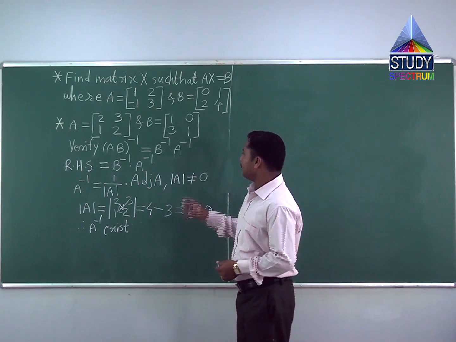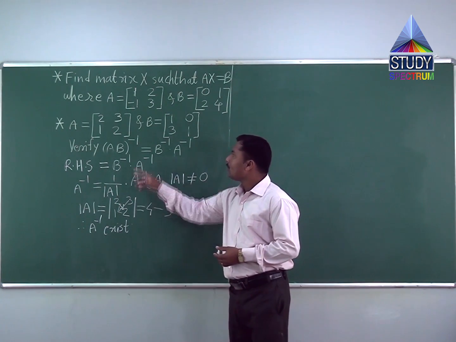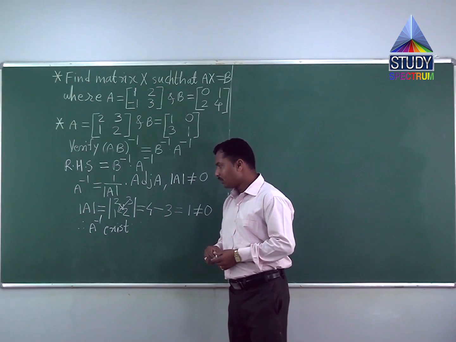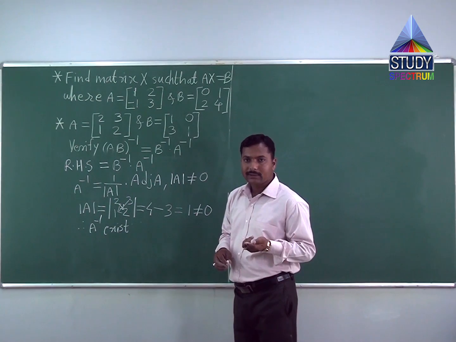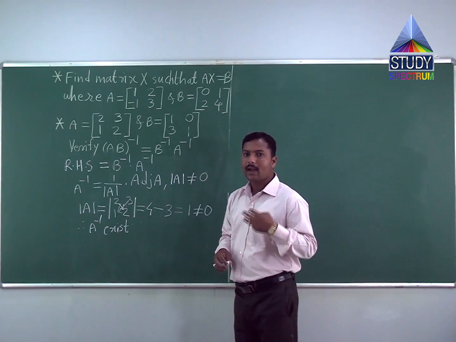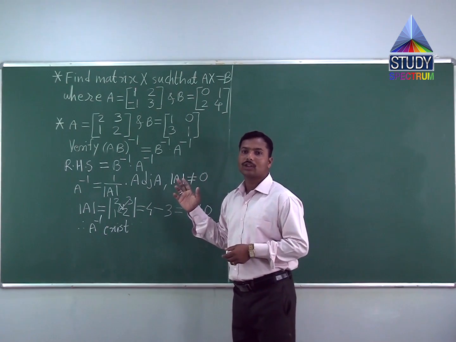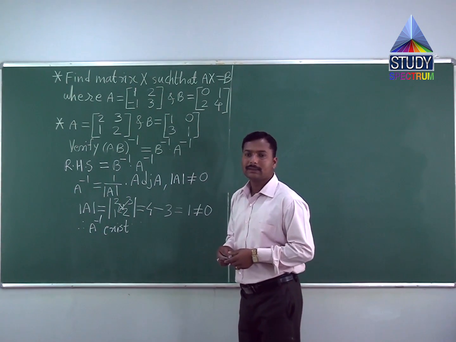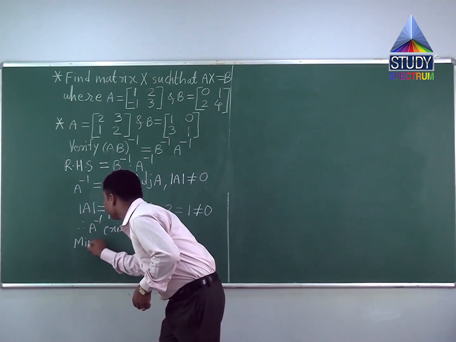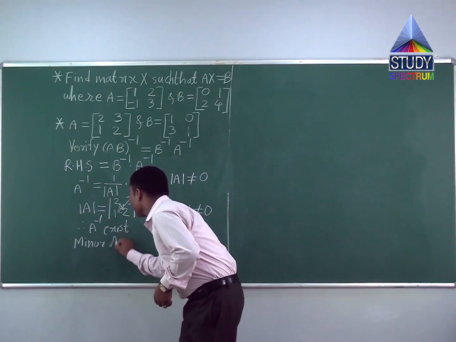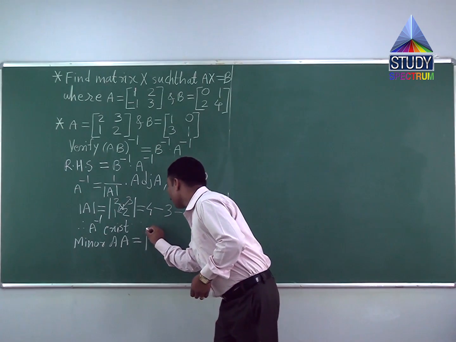Again we discuss how to find the inverse of this matrix A by the adjoint method. We follow 3 steps: minor of matrix A, cofactors of matrix A, and last adjoint of matrix A, which means the transpose of the cofactors of matrix A. So here, minor of matrix A equals what?